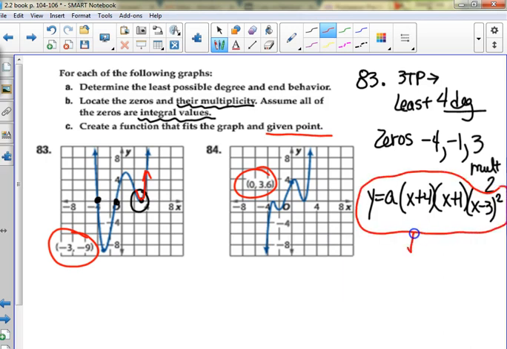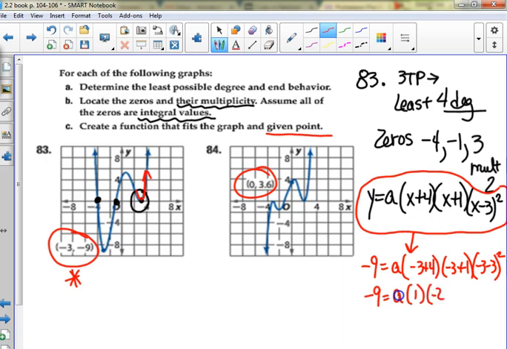Now what do we need to put in to find that value out there? X equals -3 and y equals -9. So we'll have -9 equals A times (-3 plus 4) times (-3 plus 1) times (-3 minus 3) squared, which is -9 equals A times 1 times -2.